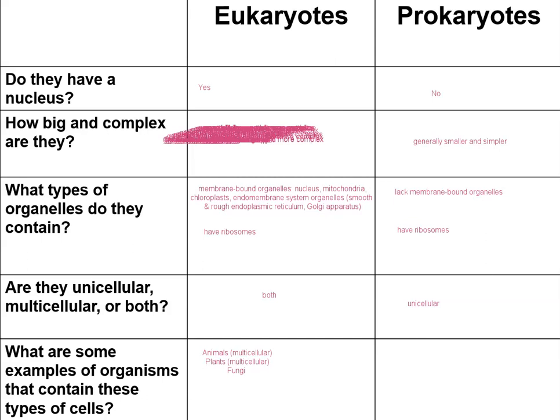Now, fungi is the group that can include single and multicellular. In fact, yeast is a single-celled fungus. In addition, protists can be both unicellular and multicellular.